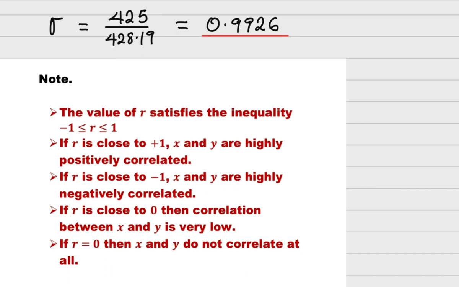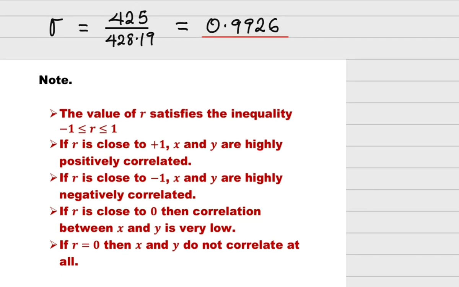Then we have the second point that says that if r is close to +1, then X and Y are highly positively correlated. If r is close to -1, then X and Y are highly negatively correlated. If r is close to 0, then the correlation between X and Y is very low. If r is 0, there is no correlation at all.